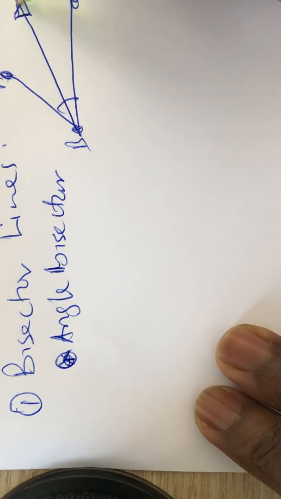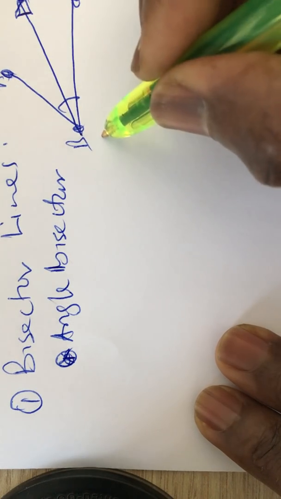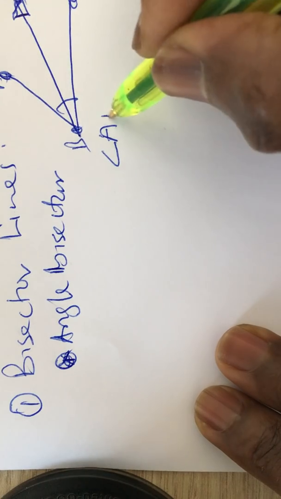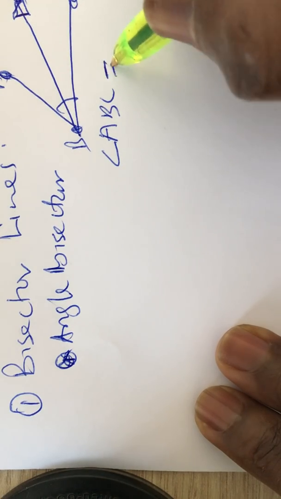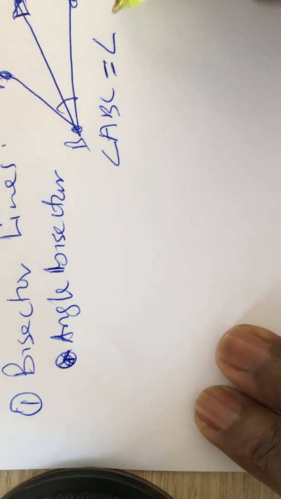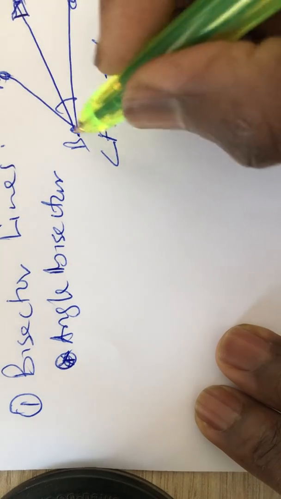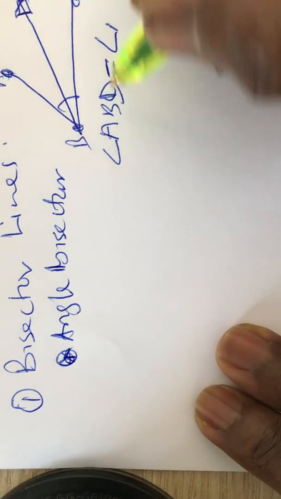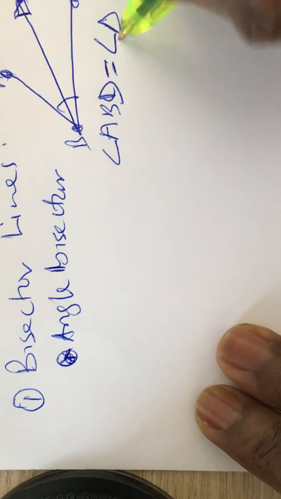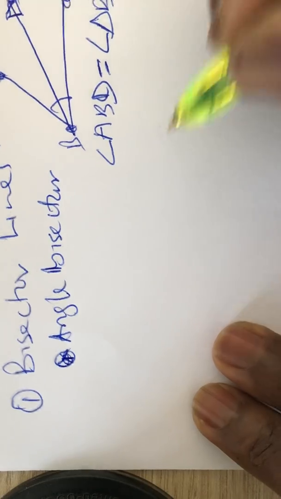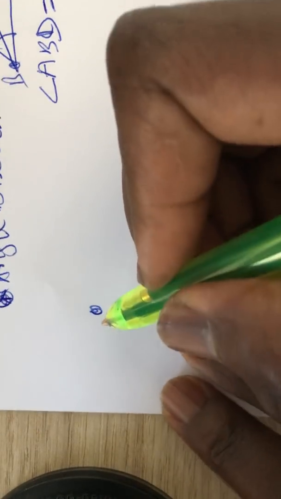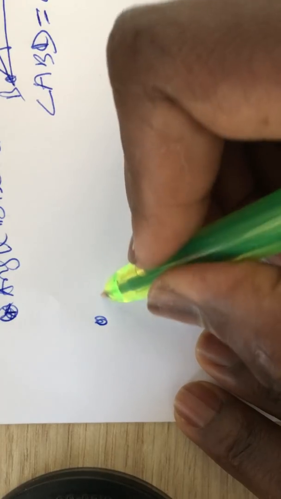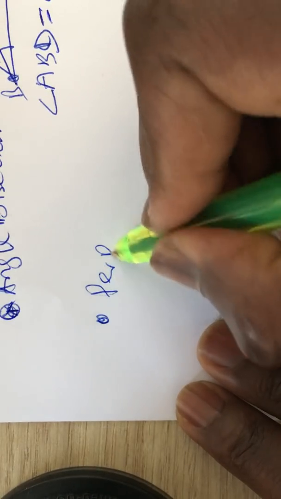Let's say this is point D, so that angle ABC is equal to angle ABD is equal to angle DBC.